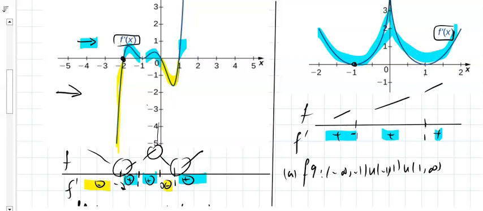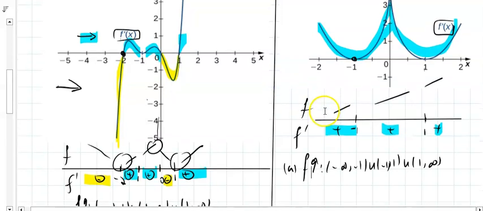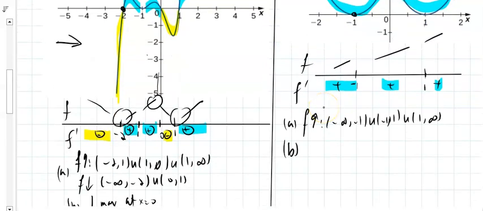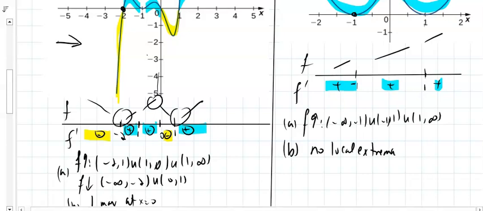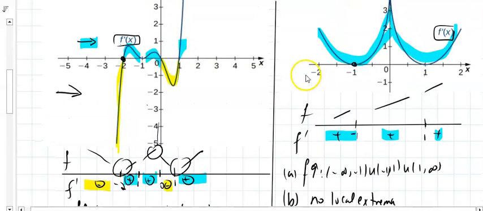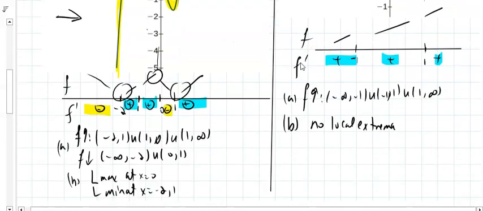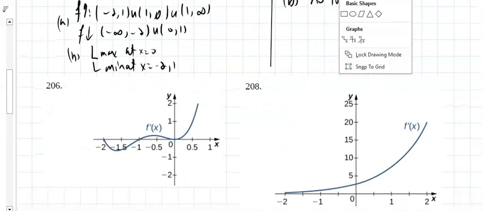And that means it's decreasing nowhere, obviously, if it's increasing the entire domain. That means we have no local extreme values, extrema, or extremum. No local maximum, no local minimum. Now, that was a special case.